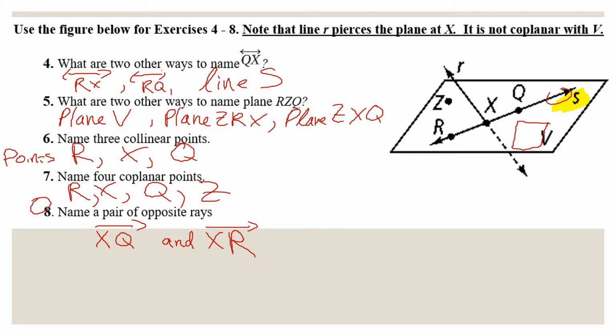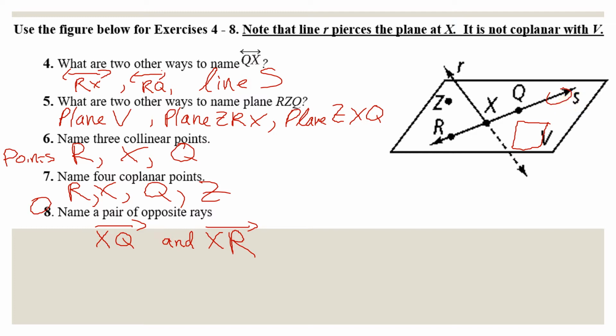We can also do line RX or line RQ. You could also do line XQ or line QR. The order that you put those in does not matter. You just have to have 2 points to name it.